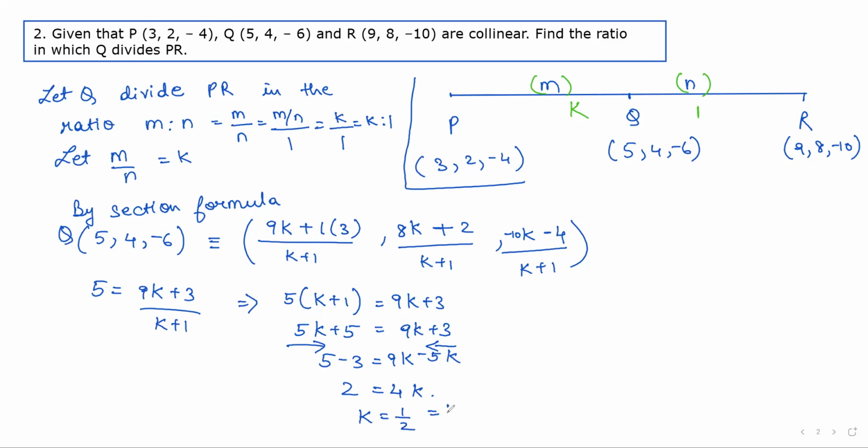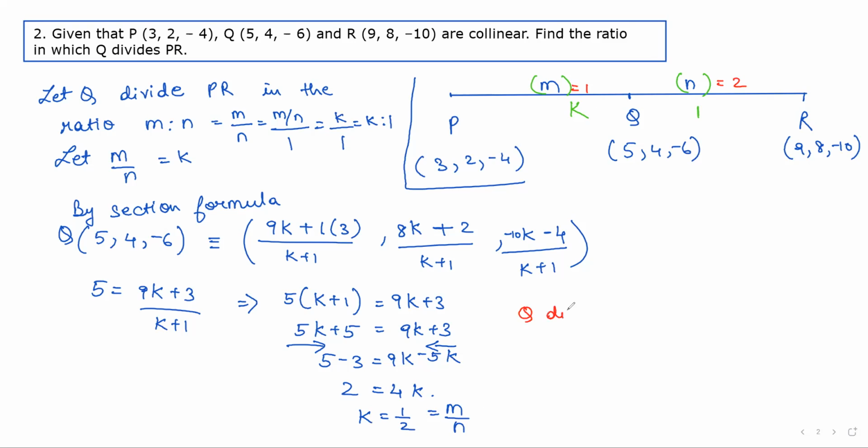K is equal to 1 by 2 means m upon n is equal to 1 by 2, which means this divides the ratio in the ratio m is to n. Your k value is equal to 1, or m value is equal to 1, and n is equal to 2.